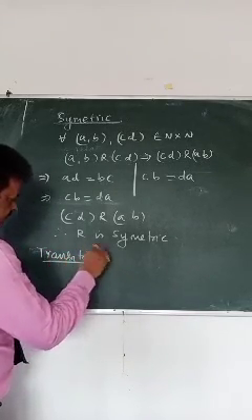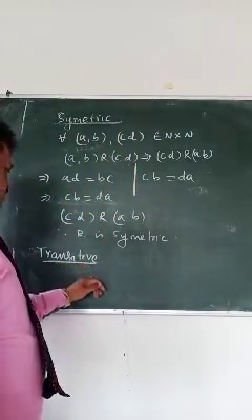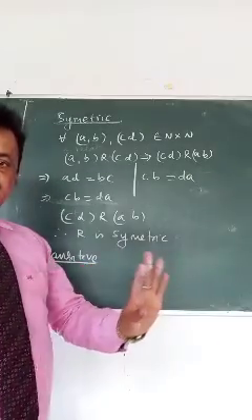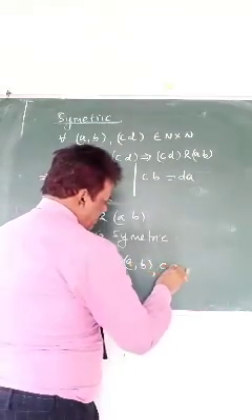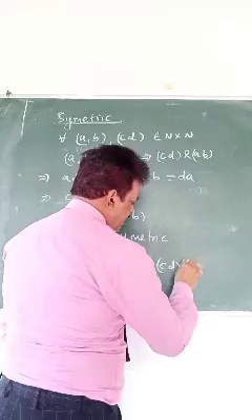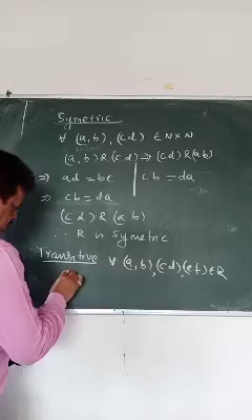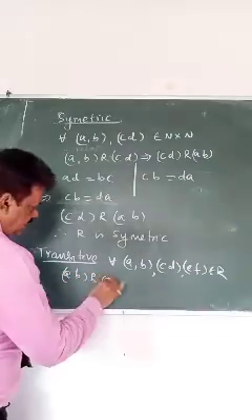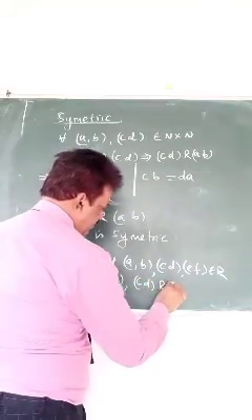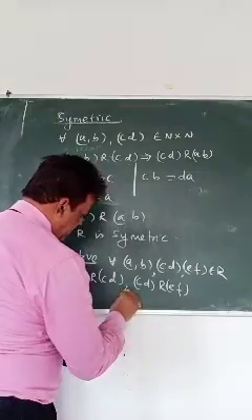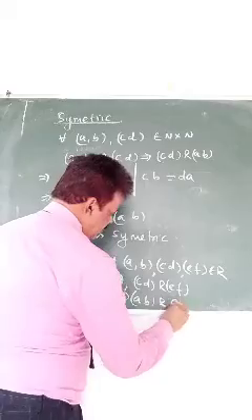Then transitive. Three elements you have to take, for all (a,b), (c,d), (e,f) belonging to N cross N. How will you define it? (a,b) relates (c,d), (c,d) relates (e,f) implies (a,b) relates (e,f).